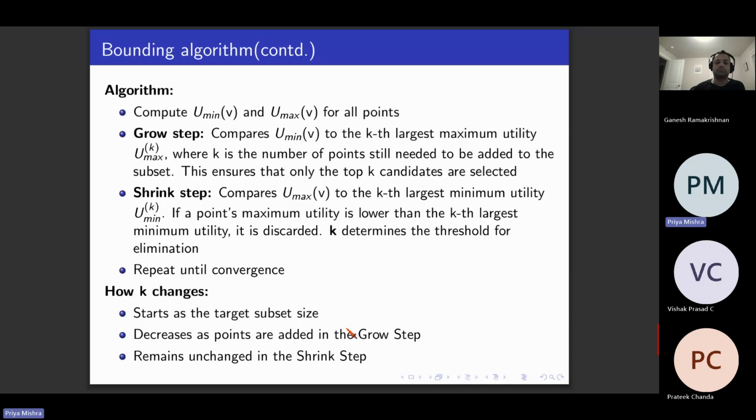In the next step, the grow step, we compare the minimum utility of a point with the kth largest maximum utility. If it's greater than that, then we consider that point too. Here k determines the threshold for elimination. Basically, k is the selected subset size.